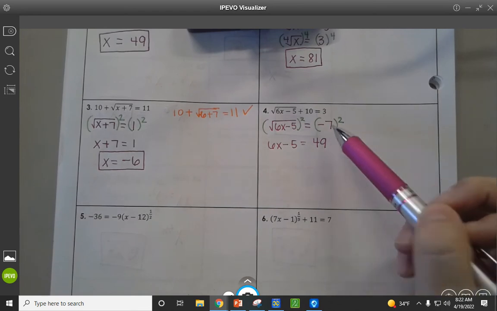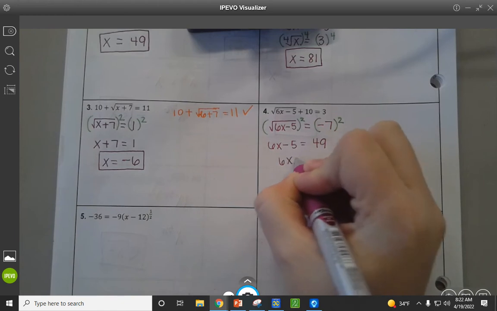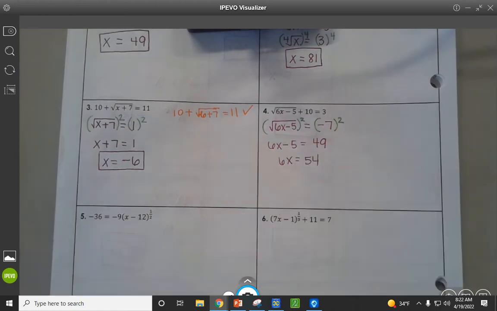Then I add 5 to both sides and get 6x equals 54. Then I divide by 6 and we get x equals 9.